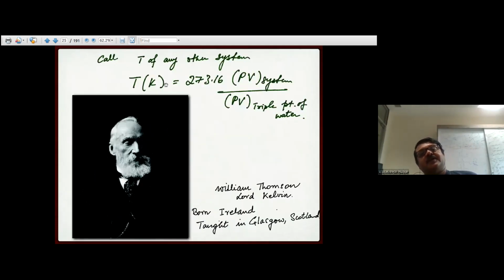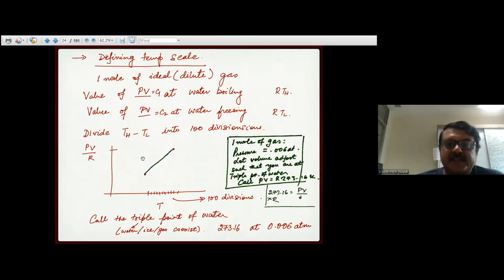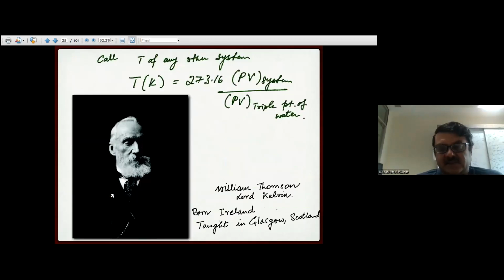And that will be the temperature of your system. That's called the Kelvin scale. That's how you define the zero temperature, by extrapolating this line to where the pressure goes to zero, that's T equal to zero, where you have set the scale, right?